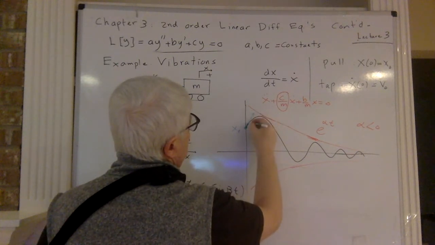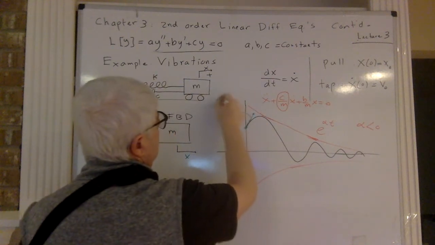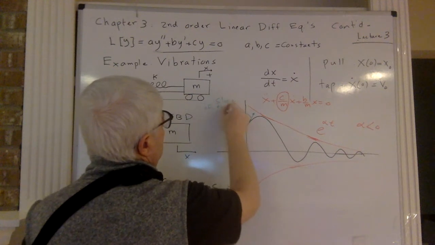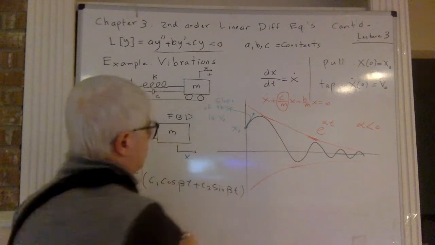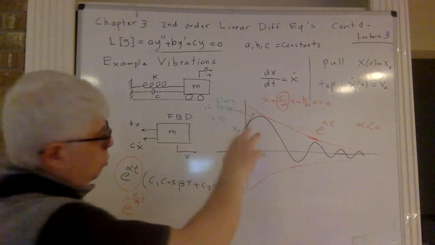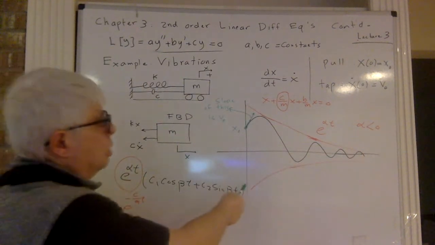So the slope of this is v0. Now, depending on whether it's positive or negative, it might start the other way, or even might start here.